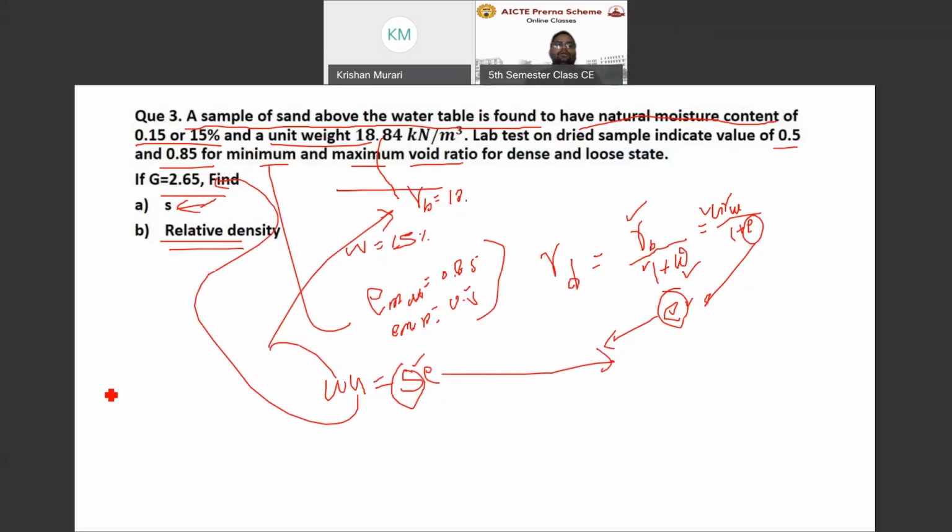What is the relative density? Here you find the value of e in natural state. The relative density is e max minus e upon e max minus e minimum into 100. So here you put all the values of e max and e minimum, and then you can calculate the value of relative density. Okay.